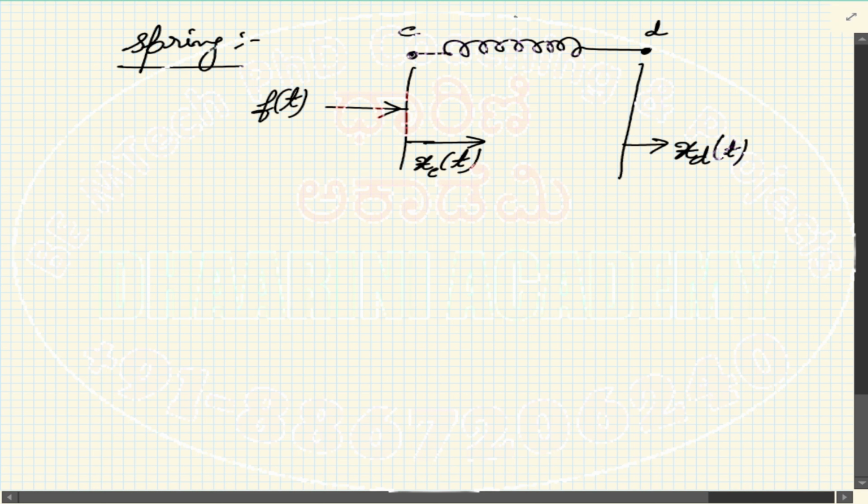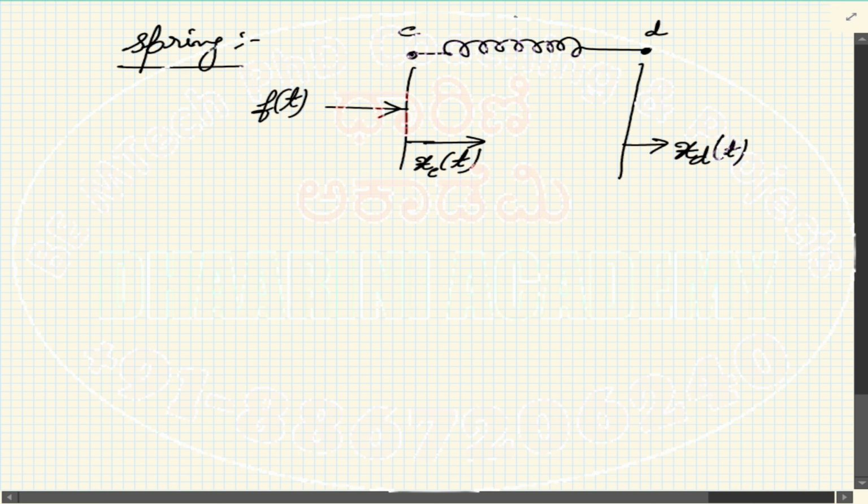This is one end of the damper. The representation of damper is like this. Okay, and I'll change the name for some reason because there is a damping constant coming up.